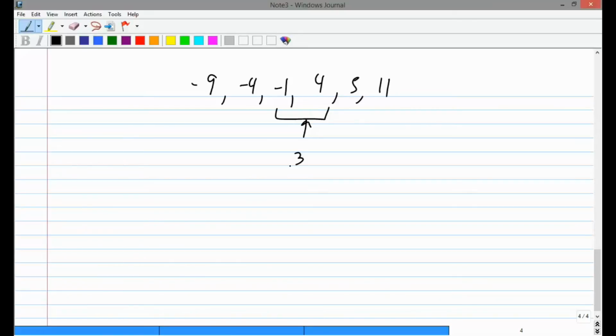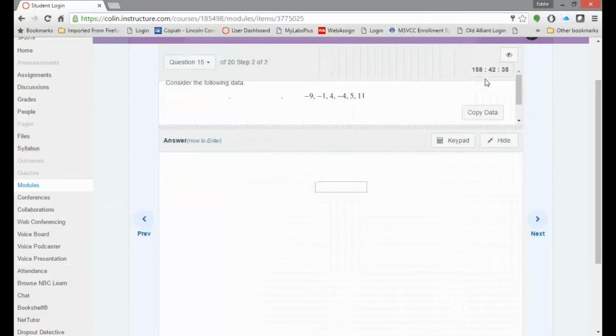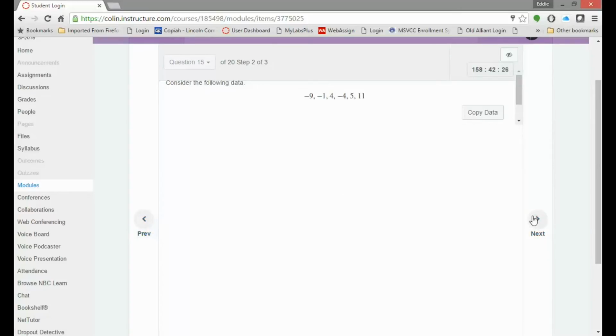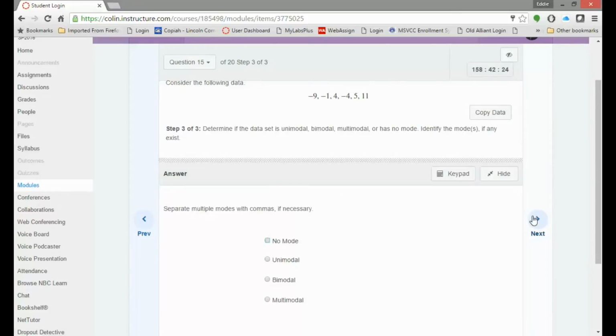So that's going to be 3 divided by 2, or 1.5. 3 halves, or 1.5. Alright, so is there a mode? No. No mode.